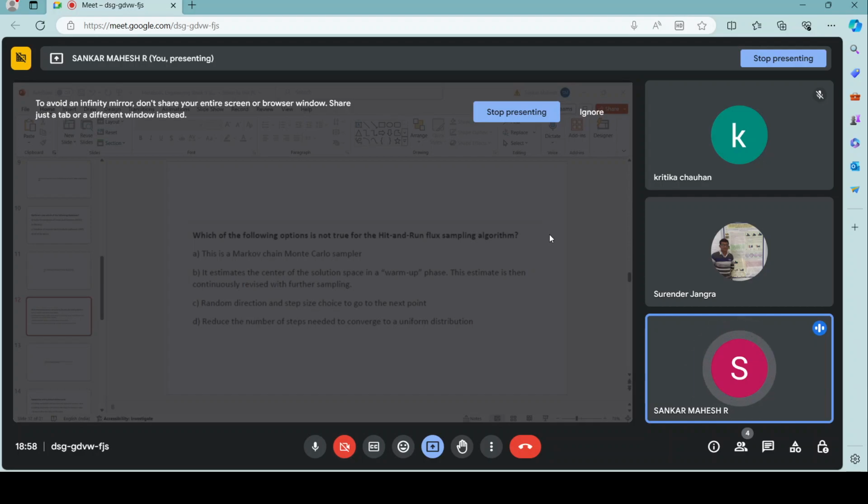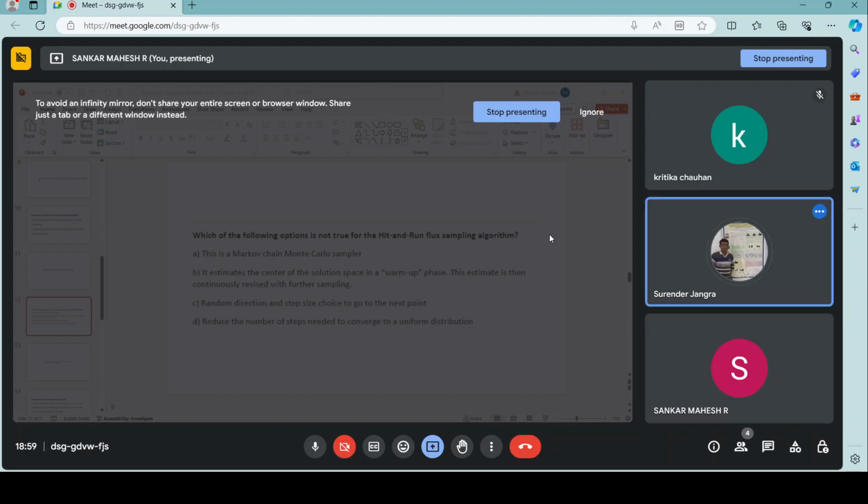What the flux sampling algorithm does is, inside the flux cone, it tries to go through each of the possible combinations and identify the right flux combination. Is that clear?